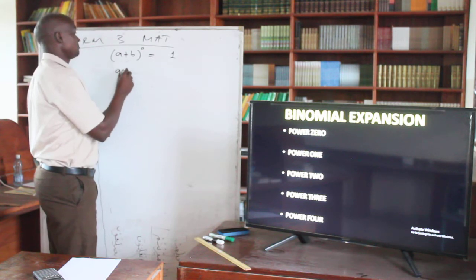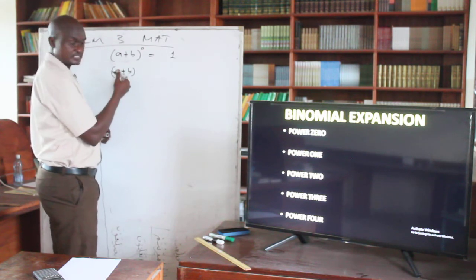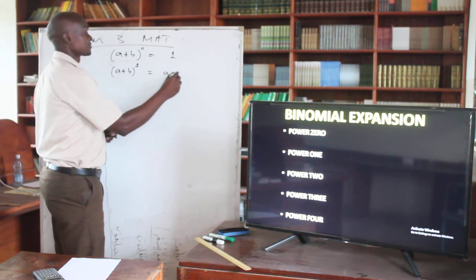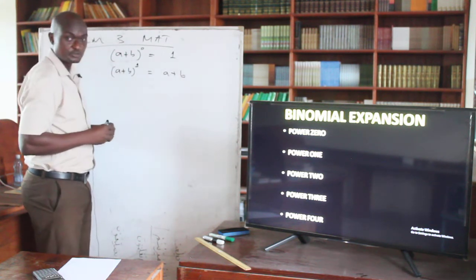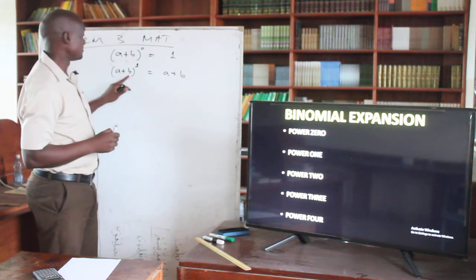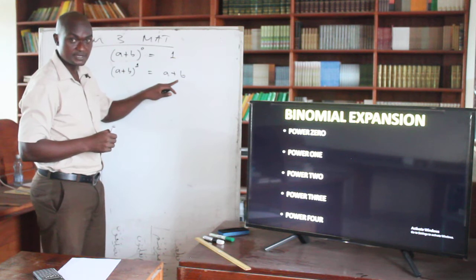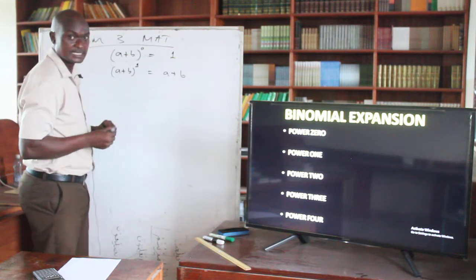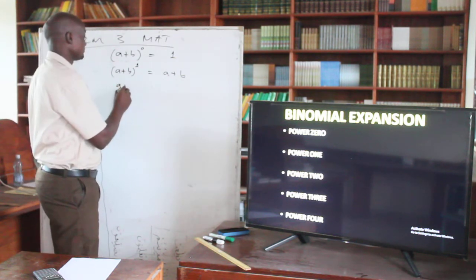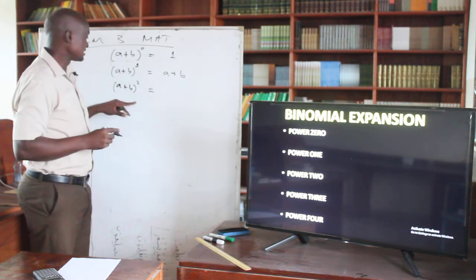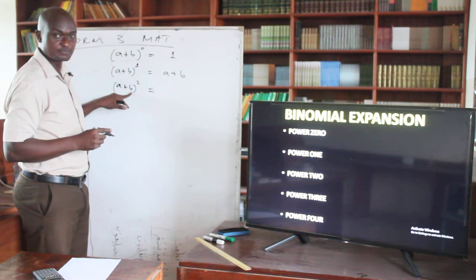For a plus b, a binomial expression raised to power 1, it will be a plus b. Again, as you know from the laws of indices, any term raised to power 1 is always equal to the same term. Nothing more, nothing less. Then we did look at a plus b power 2, and we said that this one is related to the quadratic expressions.